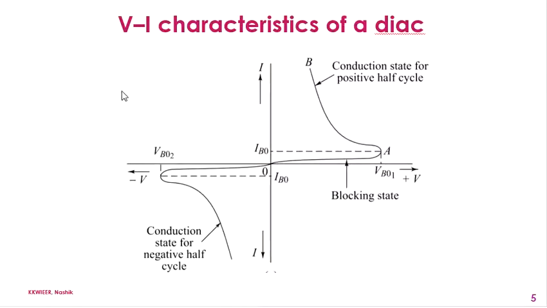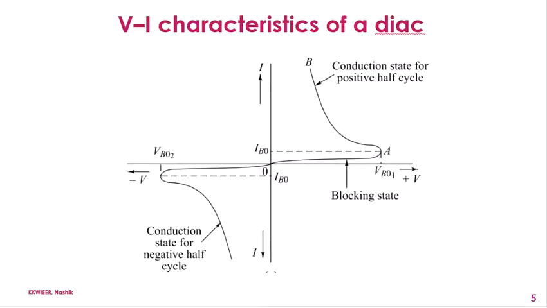If you remember VI characteristics of TRIAC, these are very similar to that of TRIAC. So for this portion 0 to A, the device remains practically in non-conducting mode. This portion of the characteristics is called as blocking state of DIAC. At point A, when the voltage level reaches the breakover voltage, the device starts conducting.